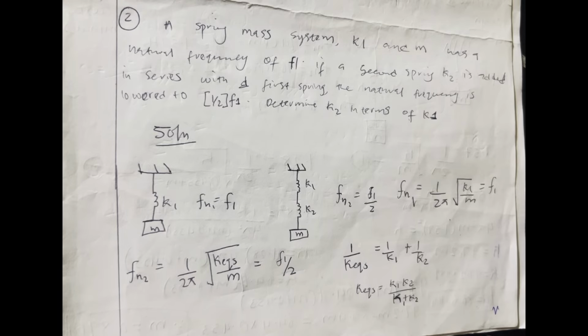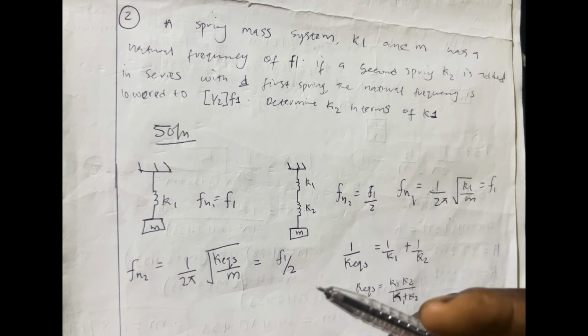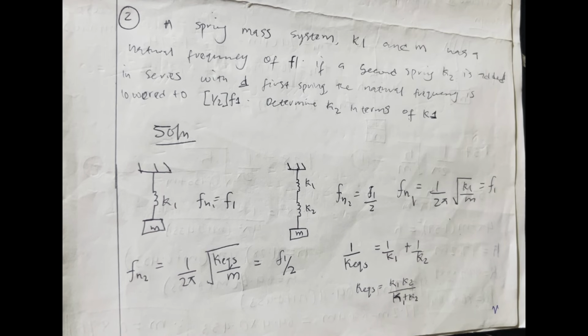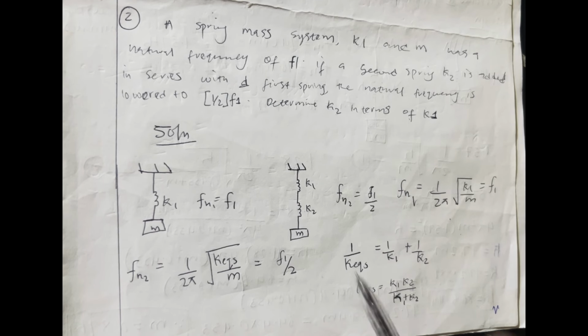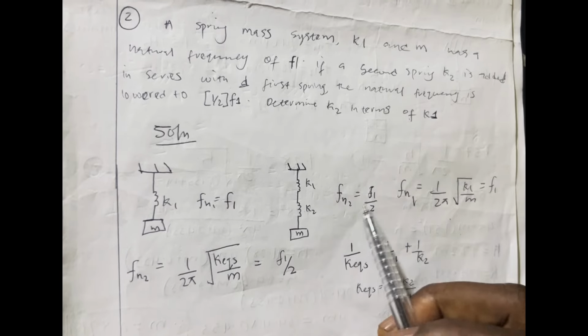Now, due to this addition of the spring, the natural frequency is reduced; it becomes half of the initial frequency. So for this system of springs, our frequency is half of F1.